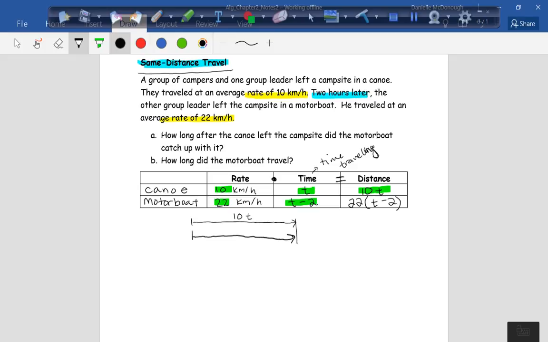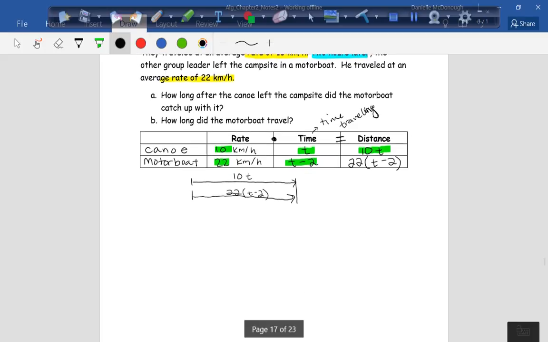So they're still going the same distance. And remember, the motorboat's distance is 22 times t minus 2. And so what we can do here is set these two distances equal to one another because it's the same distance. So 10t is equal to 22 times t minus 2.